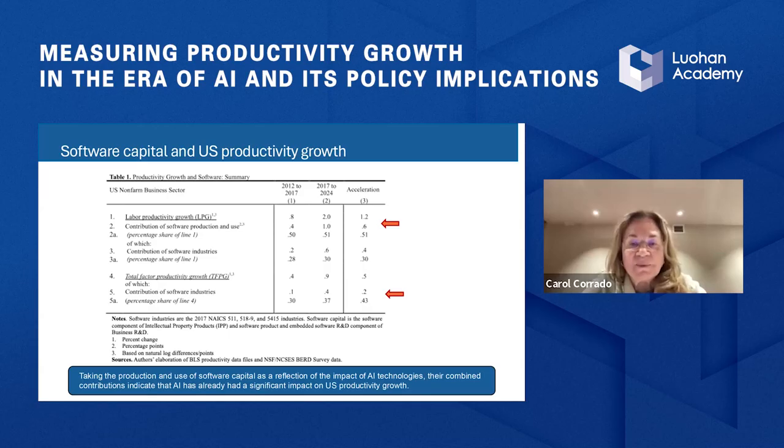Now, that's not to say that we have made up for the productivity slowdown that started in, let's say, 2005 in the United States, but that by the period 2017 to 2024, at least we were chugging along at the historical pace that labor productivity has achieved over a long period of history.